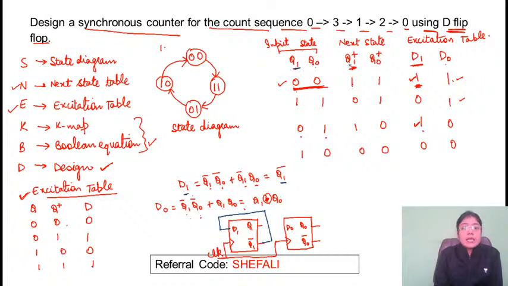This is considered on the basis of this. We have used the excitation table to get the output of D1. Here you used the excitation table, and on the basis of that we have determined D1. Use the excitation table on Q0 and Q0 plus 1. So on the basis of that we got D0.